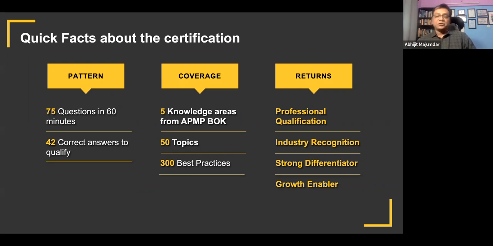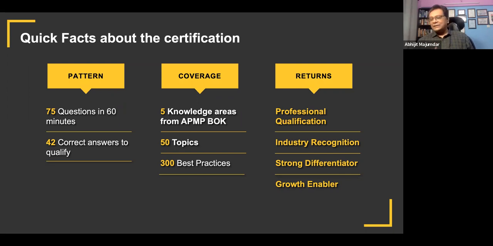Across industries, from defense to manufacturing to facility management to IT, the APMP certification is recognized. So it gives you a professional qualification as a bid and proposal management professional.